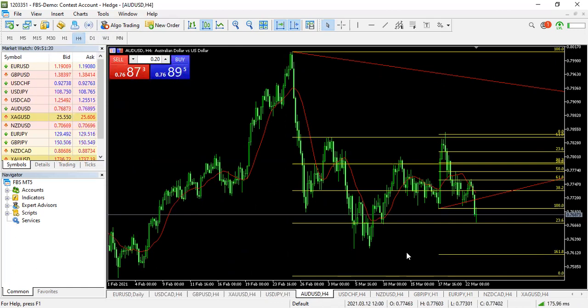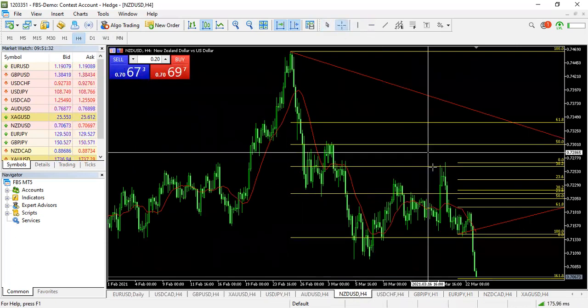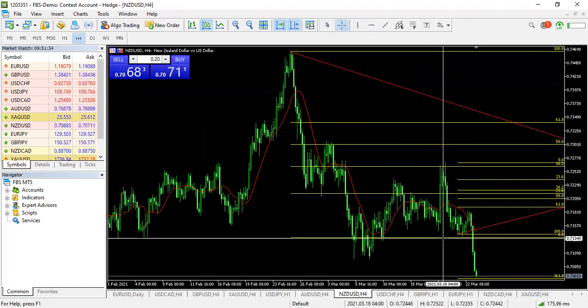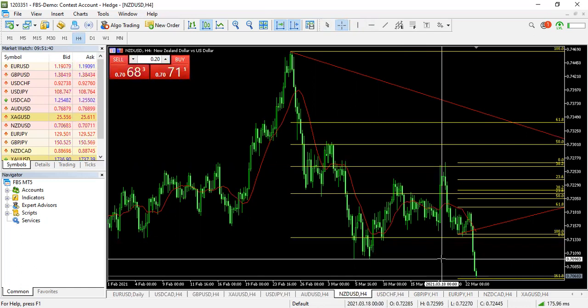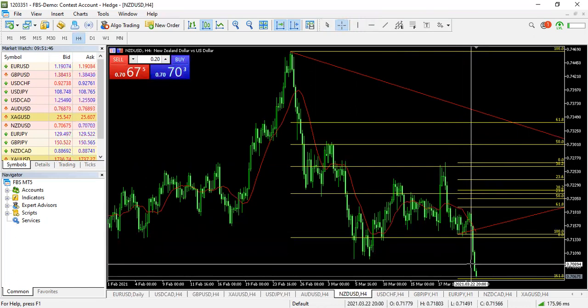However, this week, especially on the New Zealand dollar USD, we had a very good support structure here at 0.17350, and the pair just went ahead and broke all the key areas, and it's now in a bearish state, a sharp sell.